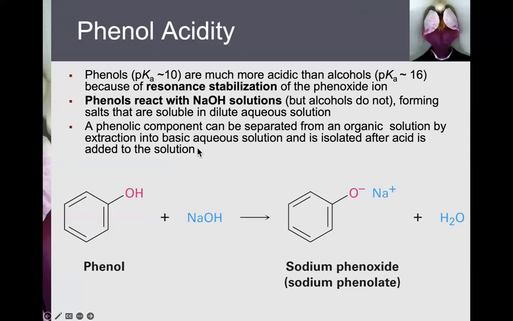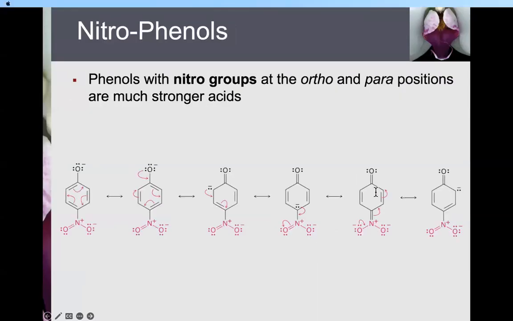So a substituted phenol can be either more acidic or less acidic than phenol itself, depending on the substituent, whether it is electron withdrawing or electron donating. So remember electron donating and electron withdrawing, right?